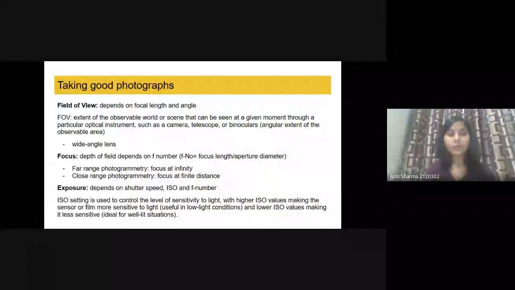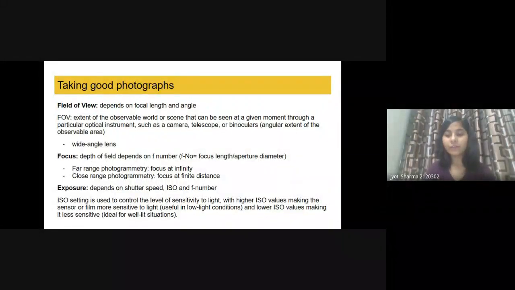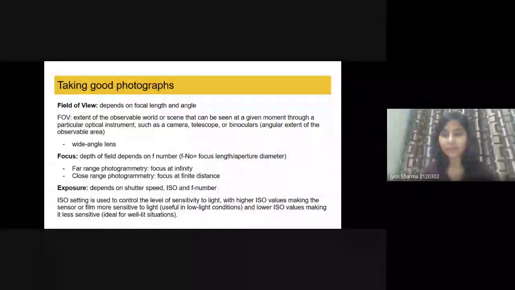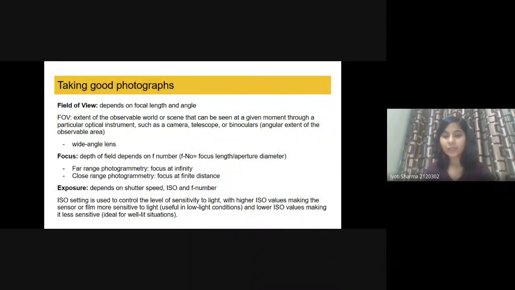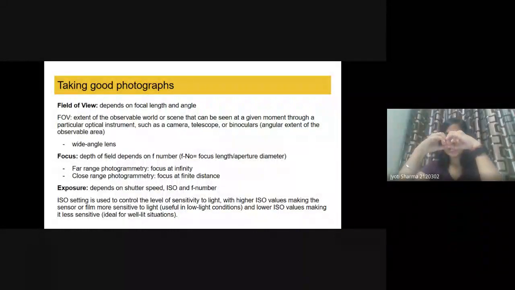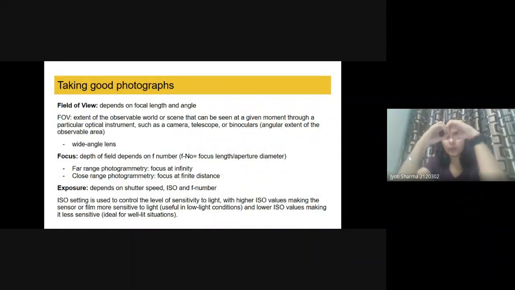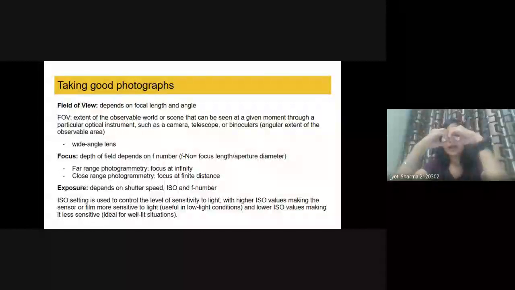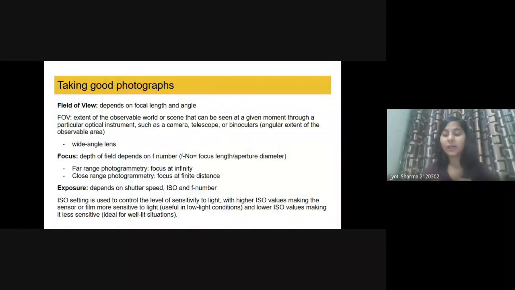Okay, so we have the field of view. Have you ever used binoculars for bird watching or something? If you have a binocular like this, you can change the angle. After changing this angle, you are telling your binocular how much area you want to focus upon.